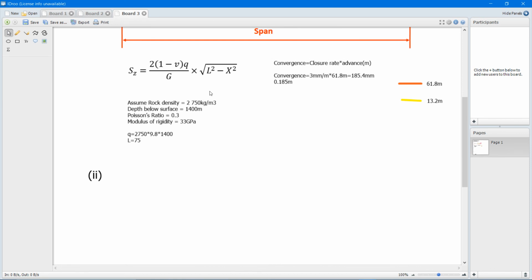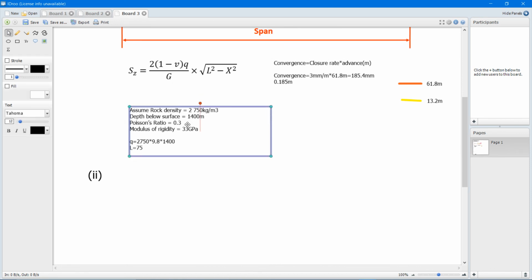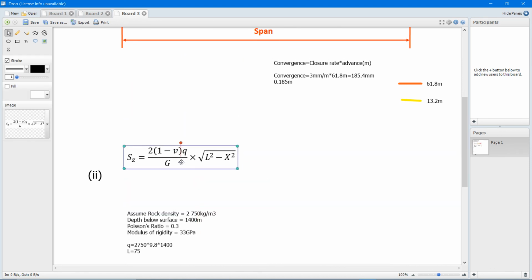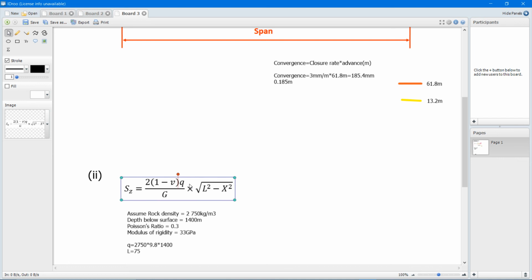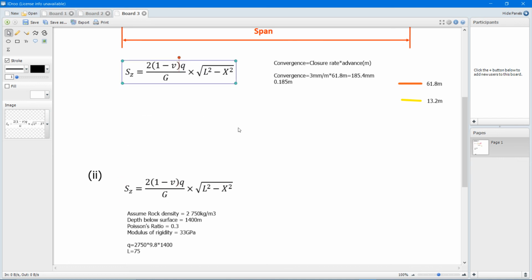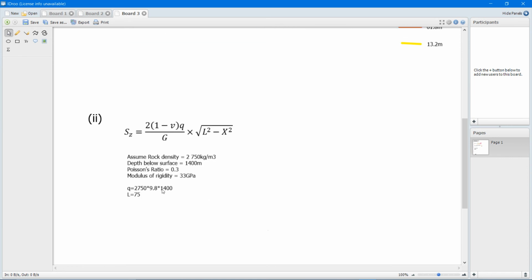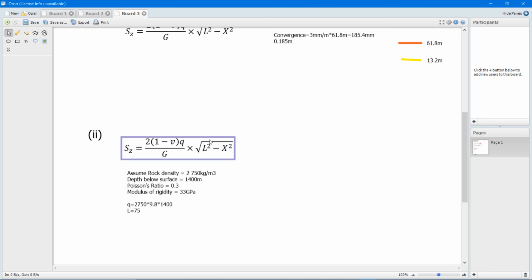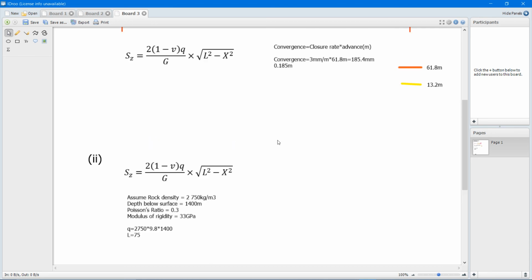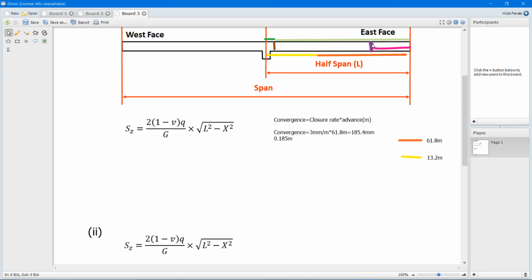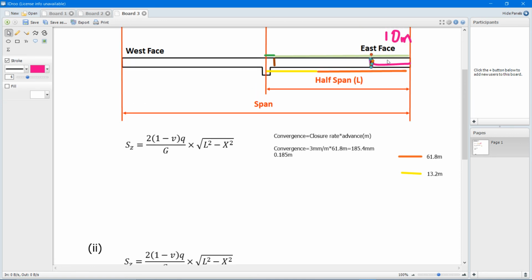So we can start working on question 2. Okay, just leave one there. We've got these parameters, right? Now, the question becomes what x is for that pole. So it's the convergence at this pole, which is 10 meters from the face.